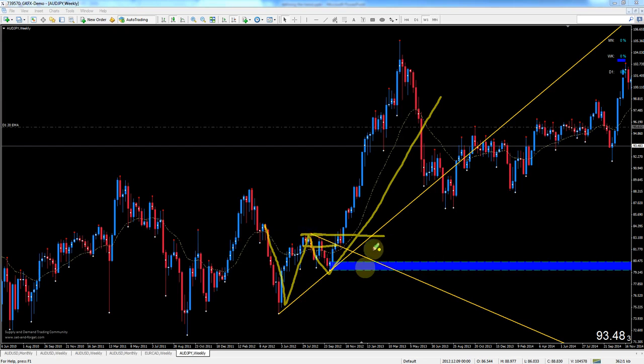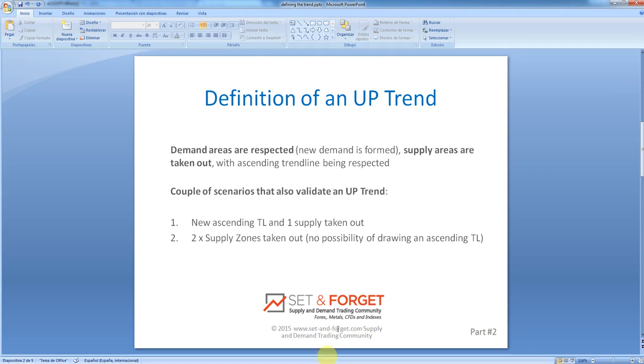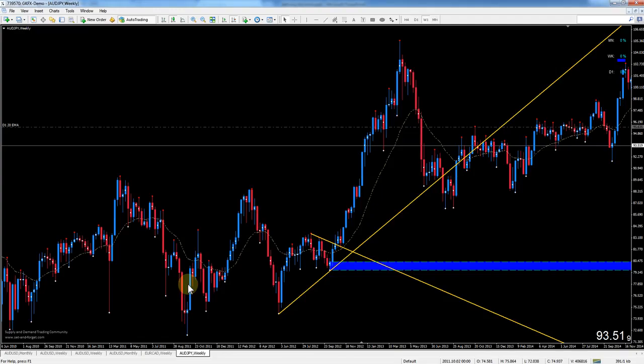Once we get this area of supply validated after a brand new trend line and the opposing descending trend line broken, then we've got a new uptrend, as we can see in point number 1.